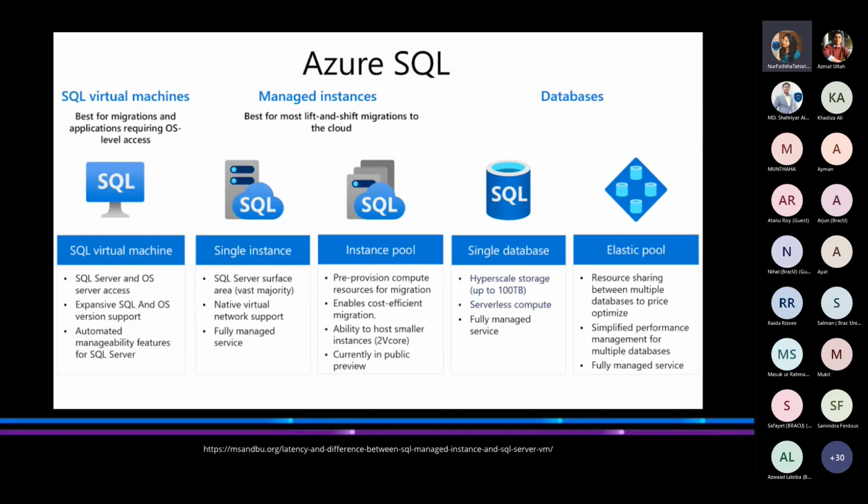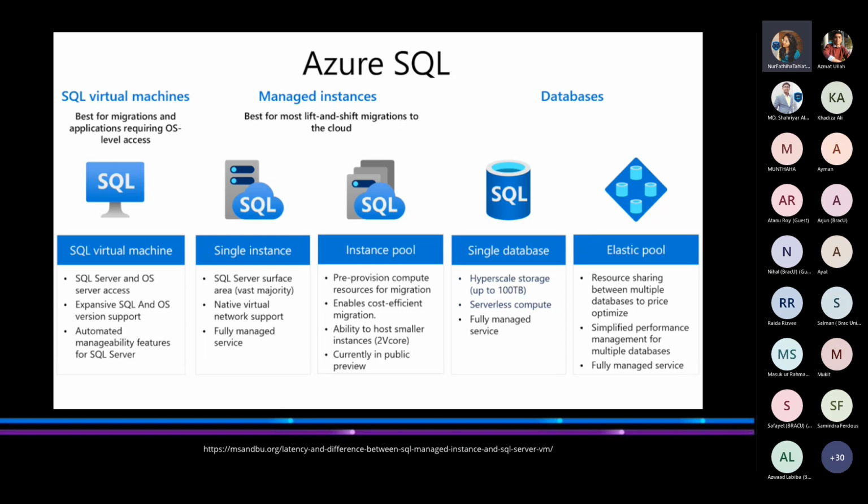Inside this IaaS infrastructure, we get to use our Azure virtual machine, and it will come along with SQL Server and OS Server access. It will also be expansive in terms of SQL and OS version support. And also, we can automate the manageability features for the SQL servers.